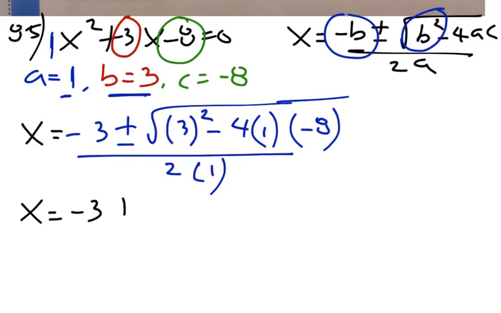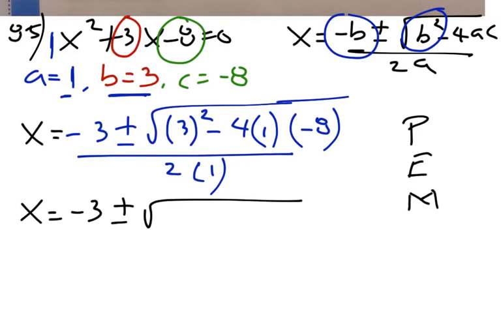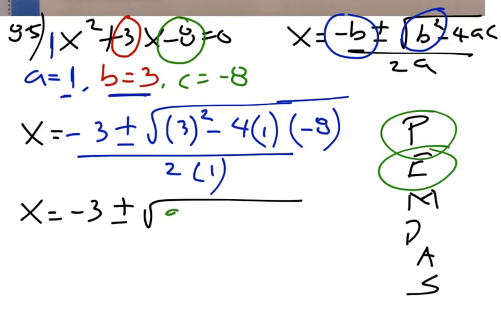X equals -3 plus or minus. Inside the radical, remember you have to follow PEMDAS. The first thing is parentheses, which in this case there are none. Then we have exponents, which is 9, 3 squared.